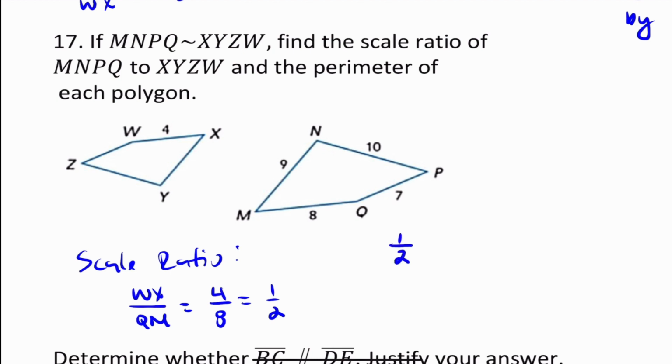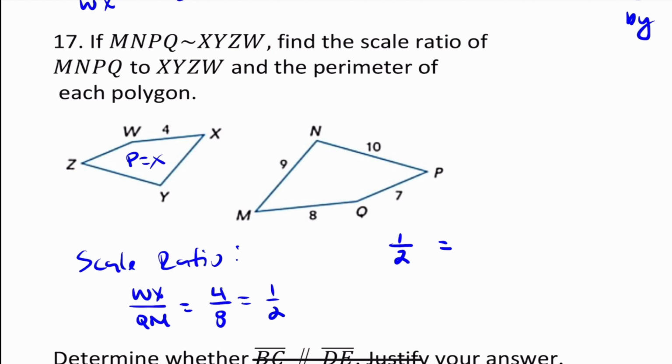So I do 1/2 equals the perimeter of the smaller figure, which if I were to add up all the sides, you can't because there's a blank here, here, and there. So we don't know what the perimeter of this thing is, so we're going to call that X. But here you can add up the sides easily.